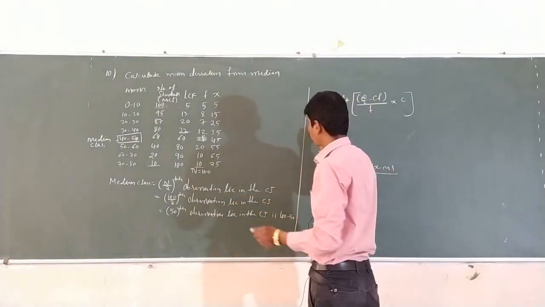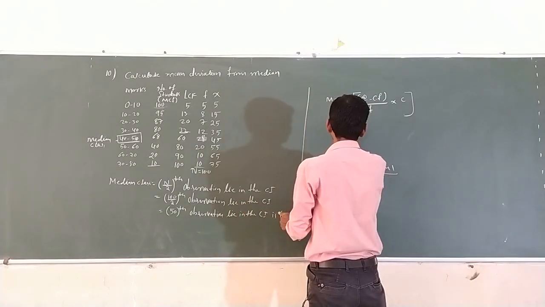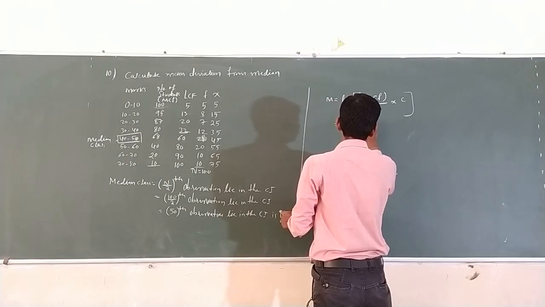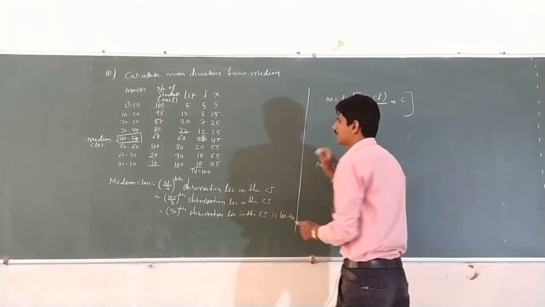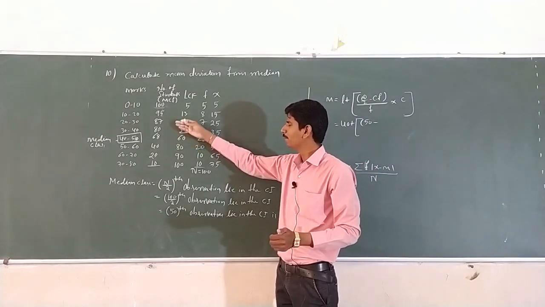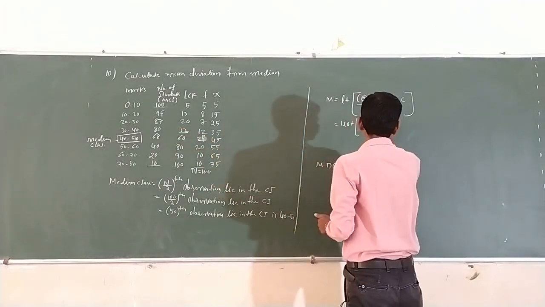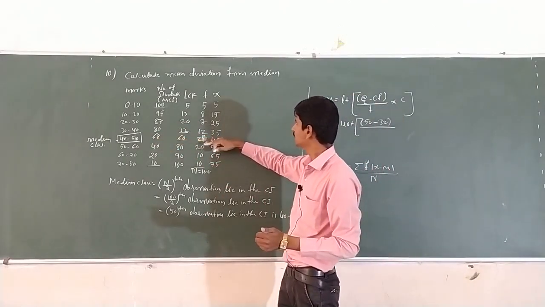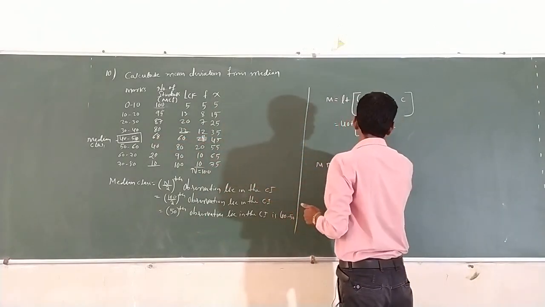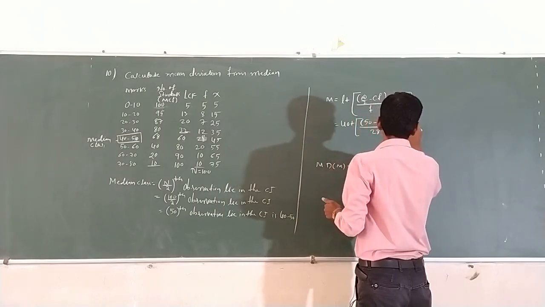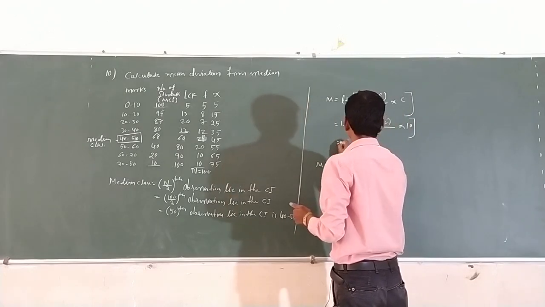Here M equals L, the lower limit of the median class, which is 40, plus N by 2, that is 100 by 2, which is 50, minus CF, the cumulative frequency of the preceding class, which is 32, divided by the frequency, which is 28, into the width of the class interval, 10 each.